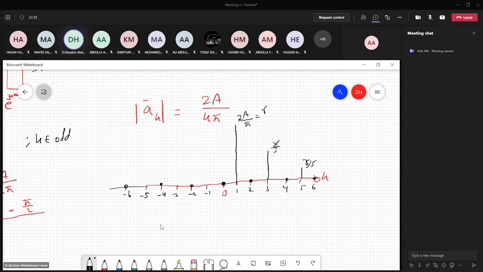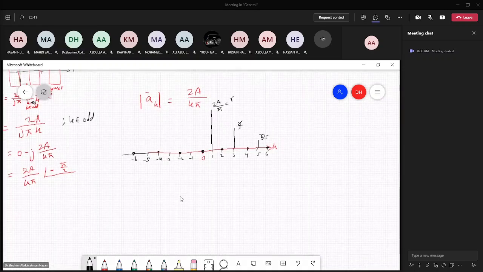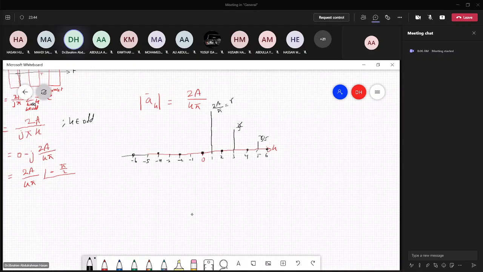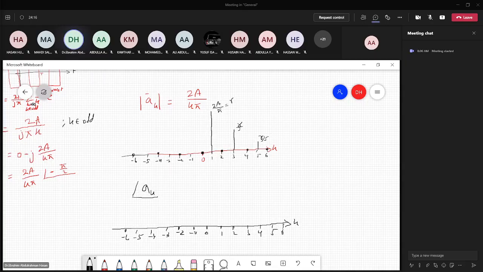Okay, what about the angle? So this is the magnitude of a k, and this is the angle. This is k, again here 0. One, 2, 3, 4, 5, 6, minus 1, minus 2, minus 3, minus 4, minus 5, minus 6.